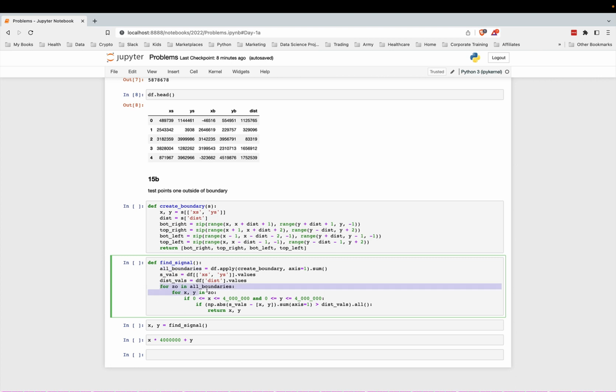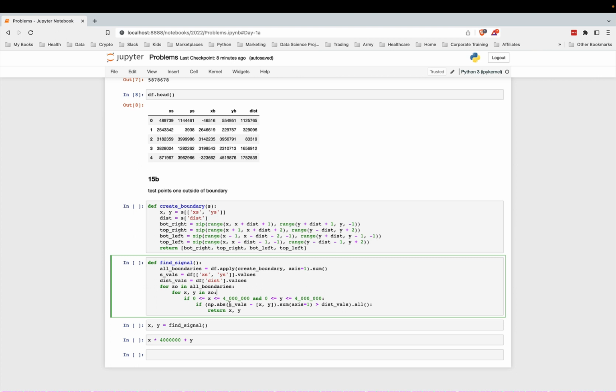And then what I do is I just iterate through all of those boundaries. This is just a list of zipped objects. I finally extract the XY coordinate of the boundary. It does have to be between 0 and 4 million, so that's one of the stipulations.